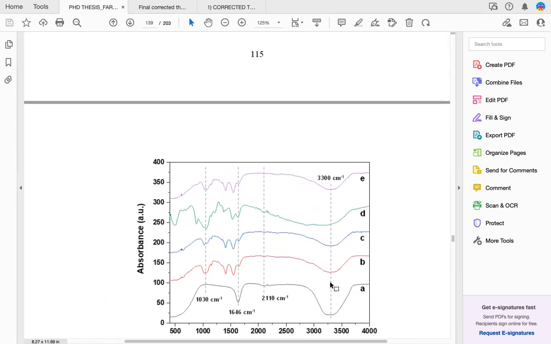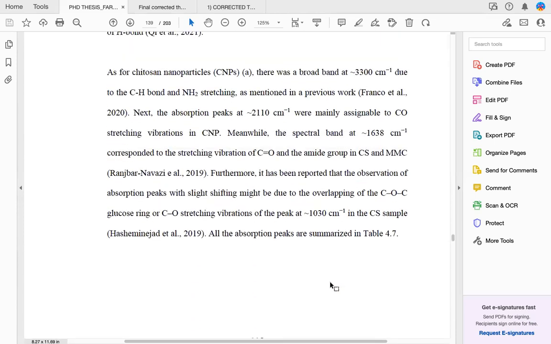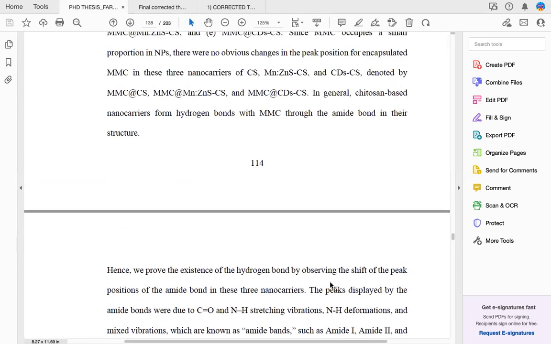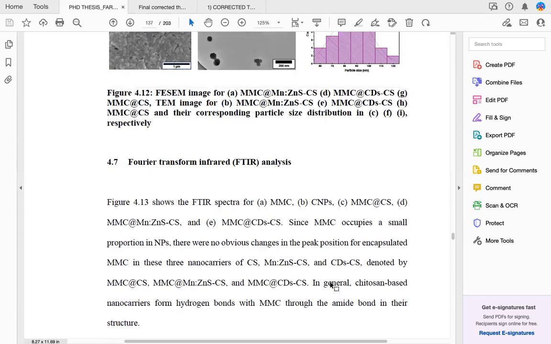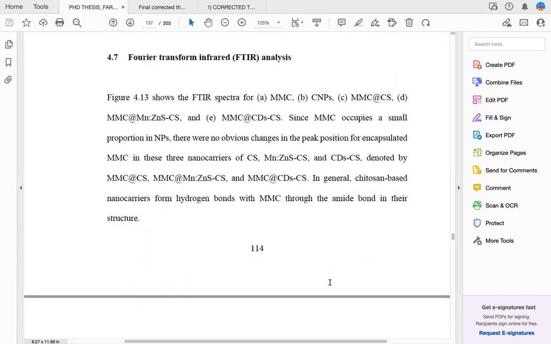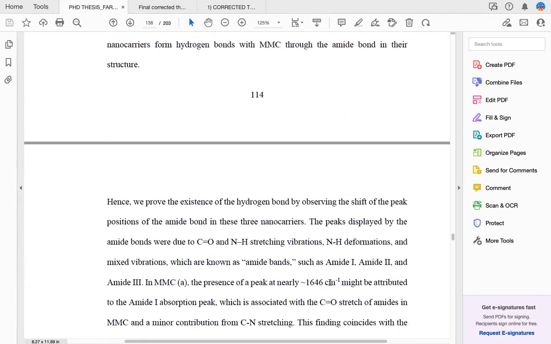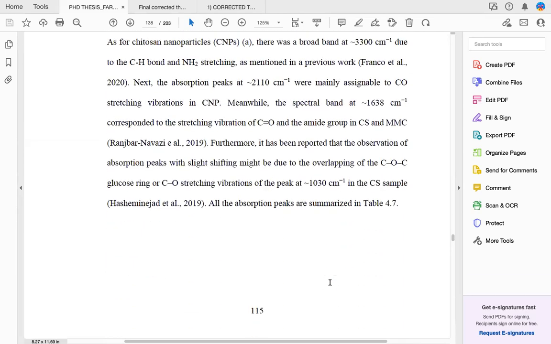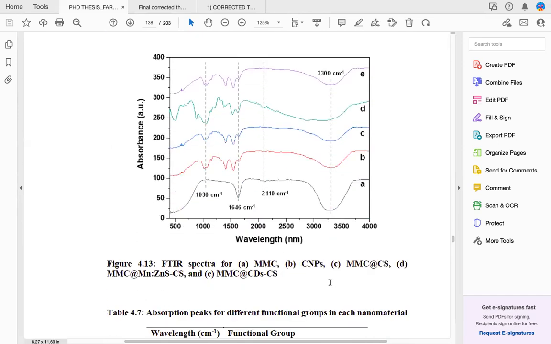So you need to highlight all the functional groups that are relevant. This is straightforward what you wish to highlight, but it's more on the functional group, yeah, the chemistry. Okay, so that is how you discuss FTIR. I'm sure this is quite easy.